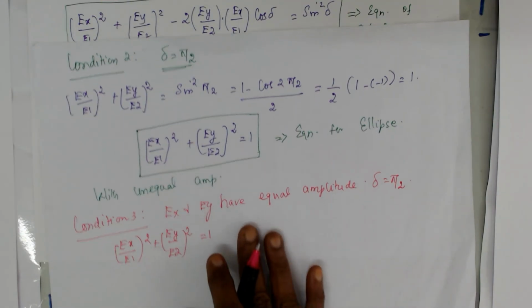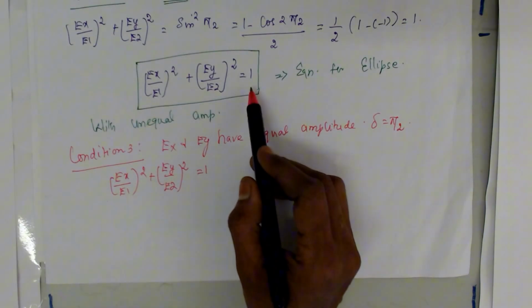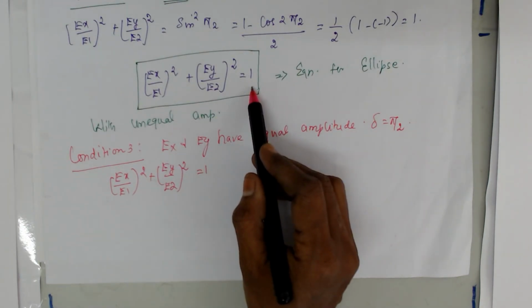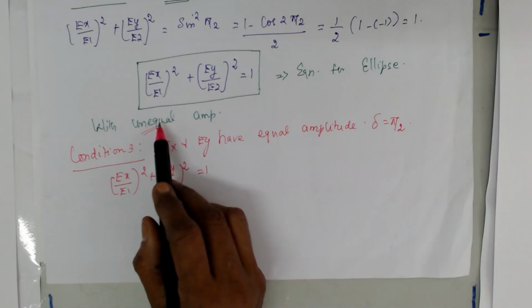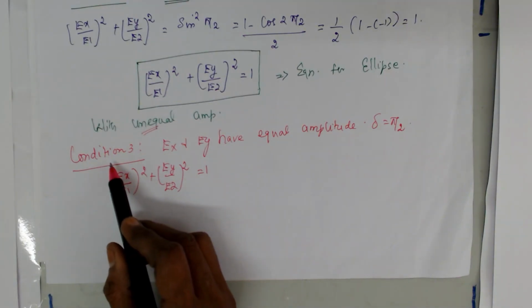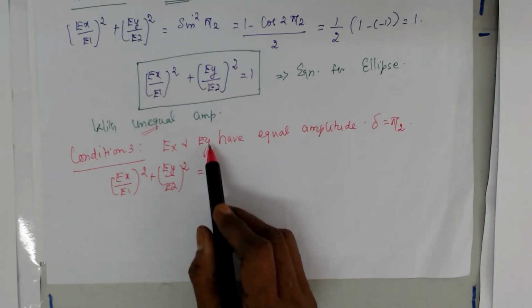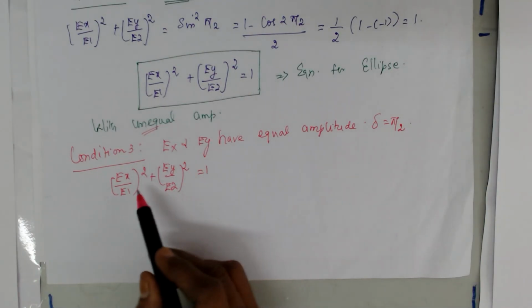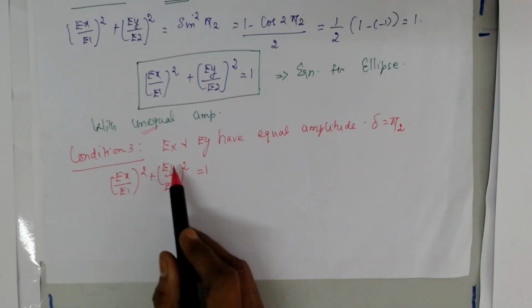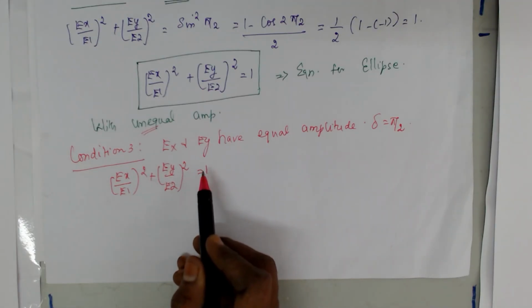We got this as in the previous case, where we kept the phase difference as pi by 2. The only difference is that there we considered the amplitudes to be unequal. Now for the third condition, the amplitudes must be the same.